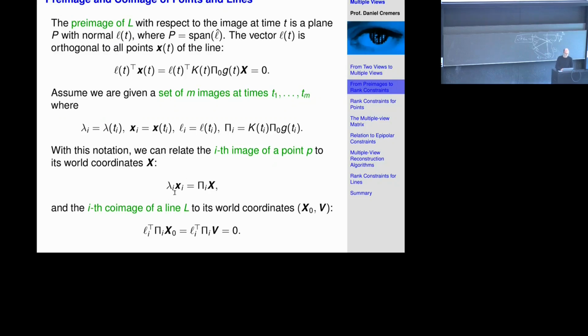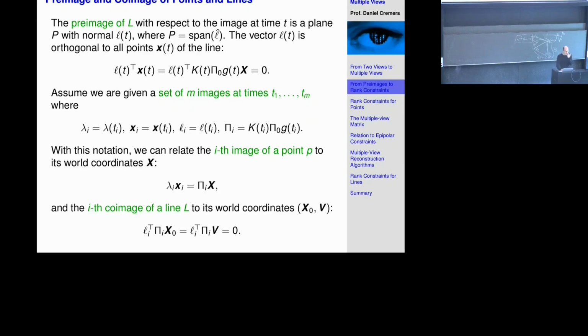And now let's see, I introduce this more compact notation to make things a little bit more transparent. Pi i is the projection at time ti that includes the rigid body motion, the standard projection, and the intrinsics.